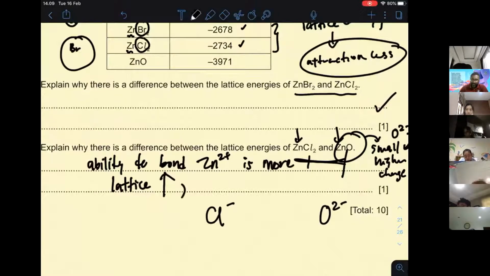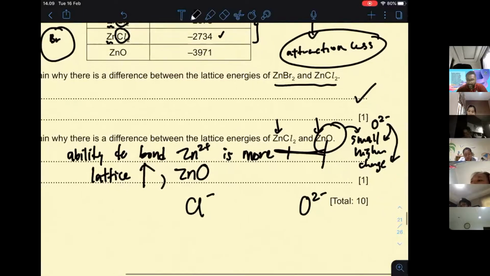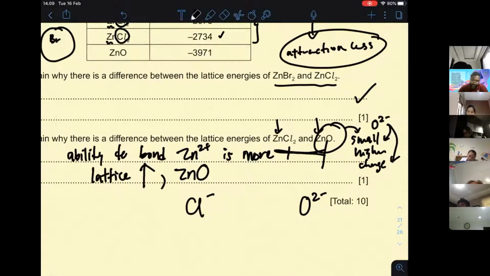The lattice energy is more for zinc oxide, because one, smaller O2 minus, smaller ion, and at the same time they have more charge. So ability to bond is more, lattice energy is more, zinc oxide. Please mention about this small and higher charge. That will give you one more mark.